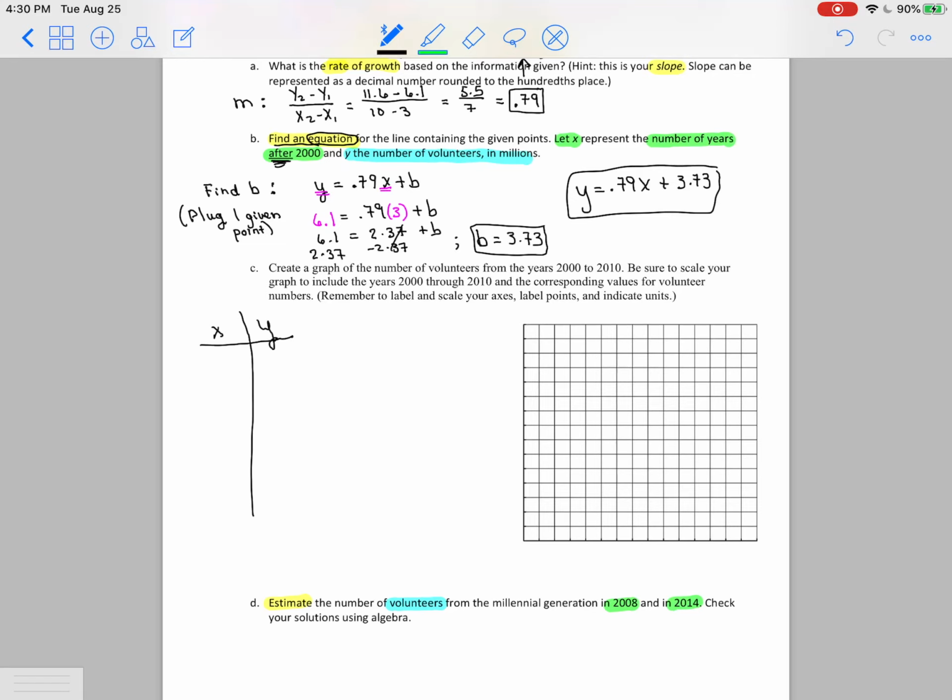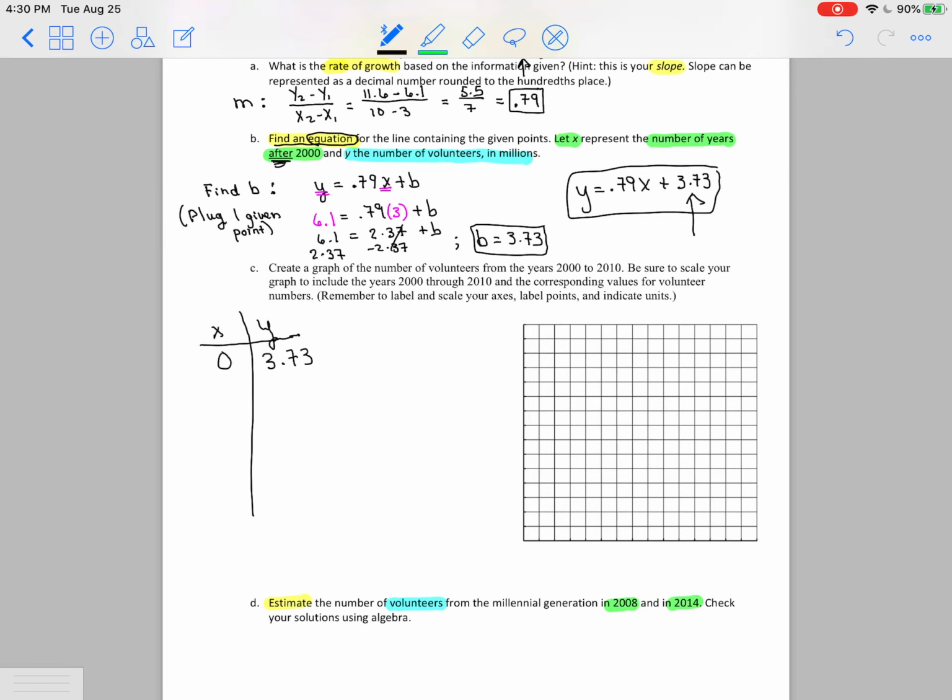Right, so let's do that. So we got an x and our y. I always like to start with my intercepts. That's kind of important, and we can find our intercept right from our equation, right? When x is 0, it's going to wipe out that 0.79, and we know that b is our y-intercept anyway, so we can just look right there as long as it's in the correct form, slope-intercept form.